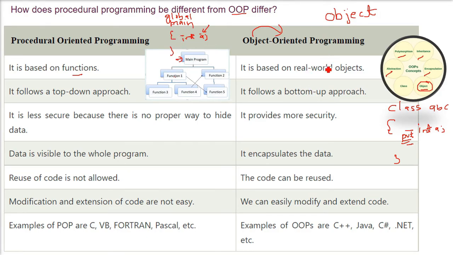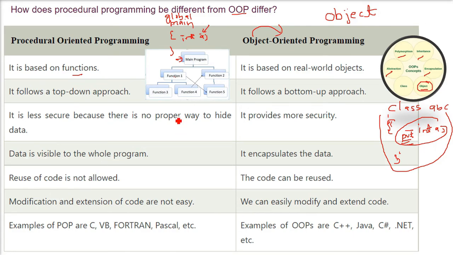But in object oriented programming, the data is encapsulated inside a class. There is a proper capsule which is called a class, and it contains the data members and the functions which are operating on them. So I'm making a capsule here. In procedural, reuse is not that much possible.